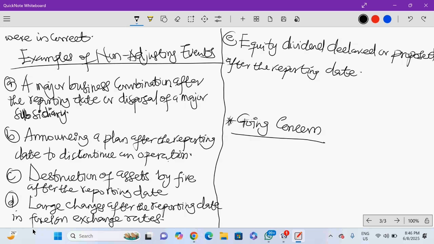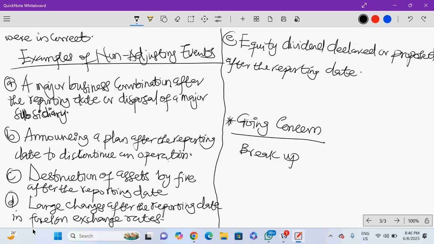So we would be using the breakup basis, because we are not continuing to operate. And then we have to disclose it in the financial statement.